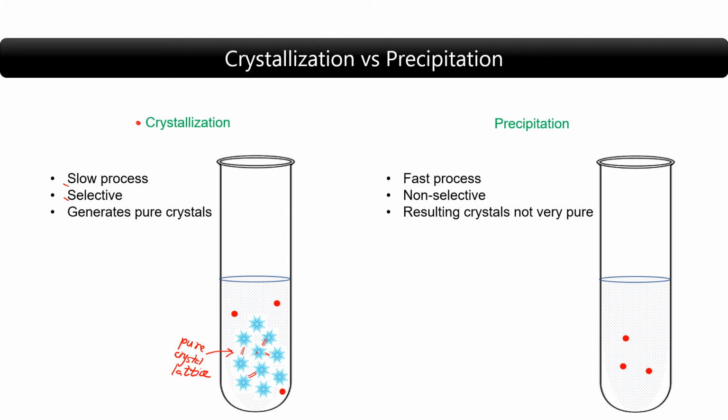However, precipitation happens if you put this tube in, let's say, a beaker of ice. Then this whole system is cooled down rapidly and the ice is going to absorb all the heat that was in this solution.